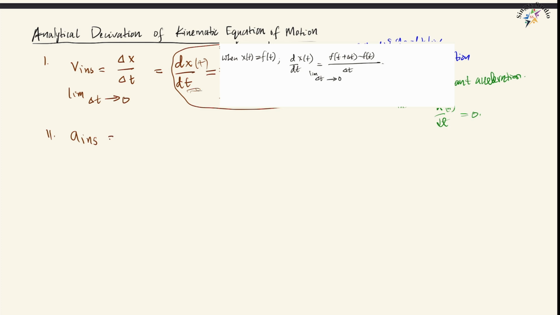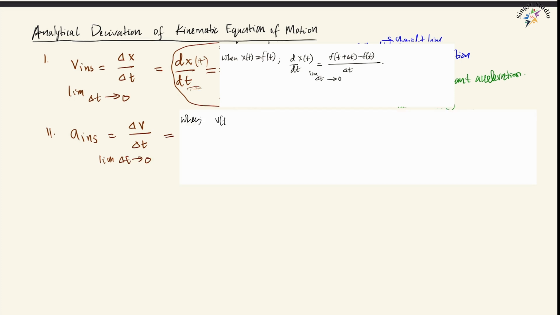And we also know that instantaneous acceleration is given by delta v, the change in the velocity of the particle, with respect to the change in time, when delta t approaches 0.